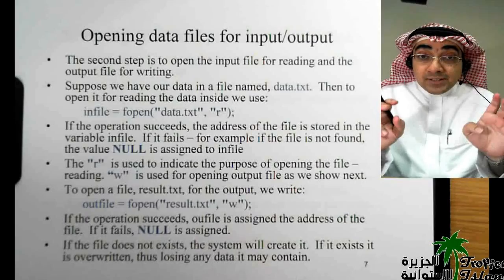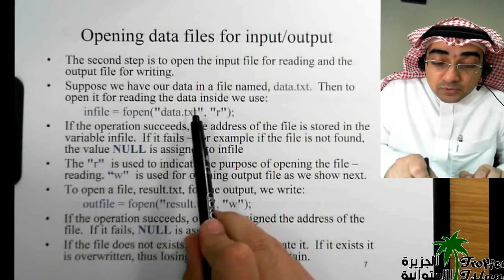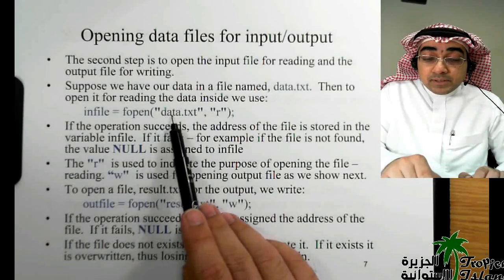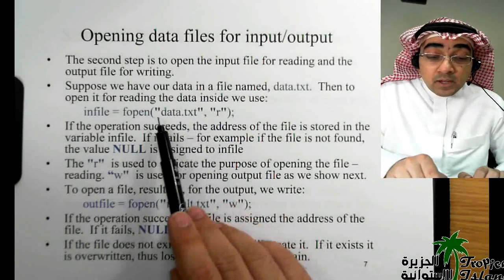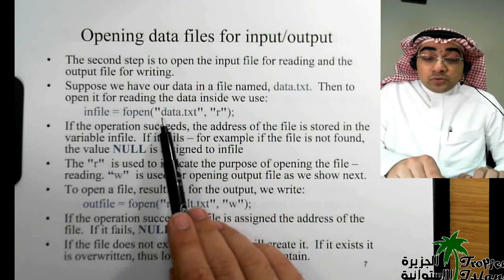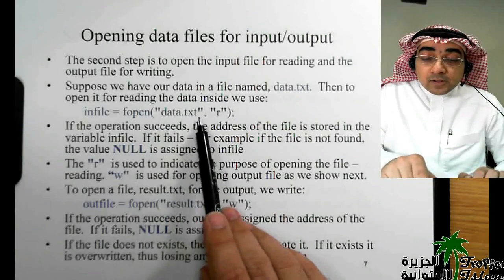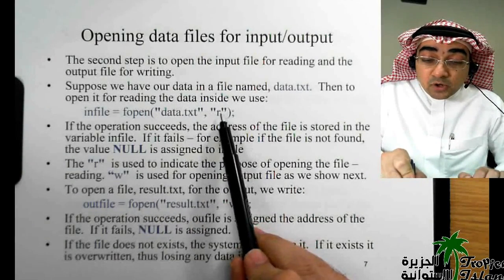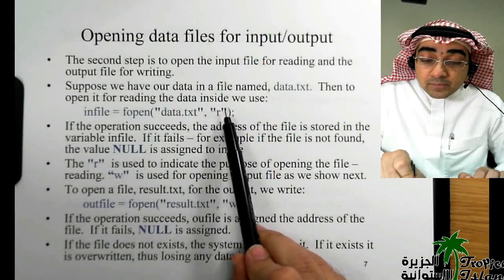The first argument is between double quotes, and you give the file name, for example data.txt in this example. So you're asking the compiler to go to the hard disk, look for the file data.txt and open it with the second parameter.